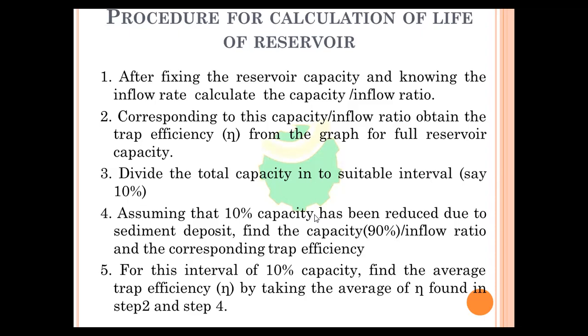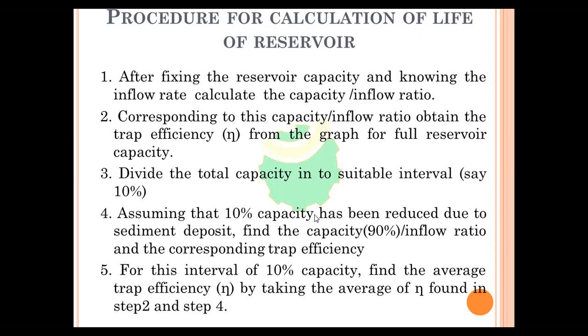But after some time, that 100 is decreased to 90%. We are taking the interval of 10%. So that 100% is decreased to 90%. Again, calculate the capacity inflow ratio and trap efficiency.